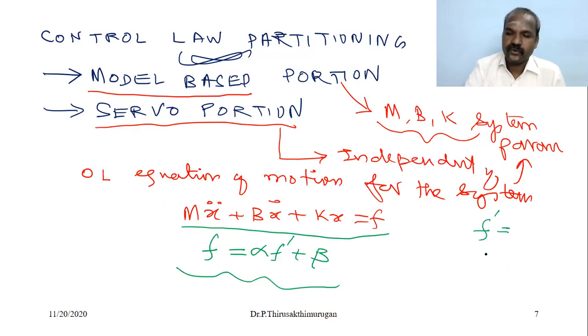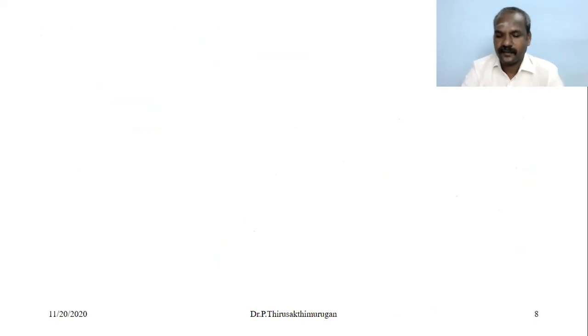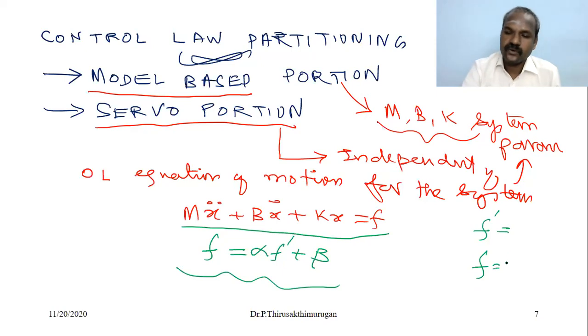F equals, say, m d square x by dt square. So if you differentiate this, f dash becomes, when compared, what will you get? Anybody?